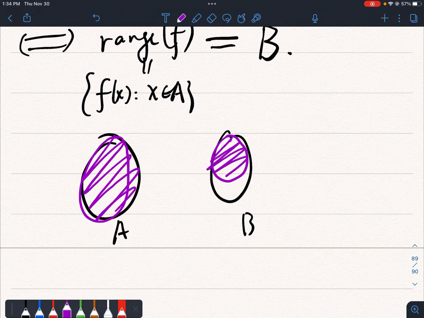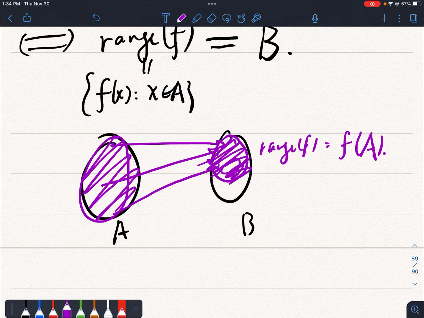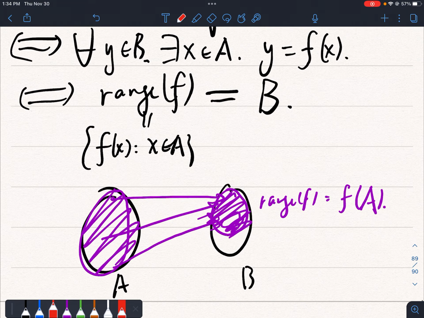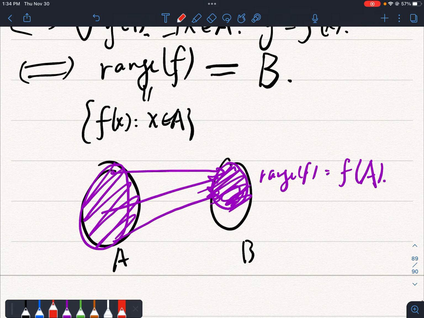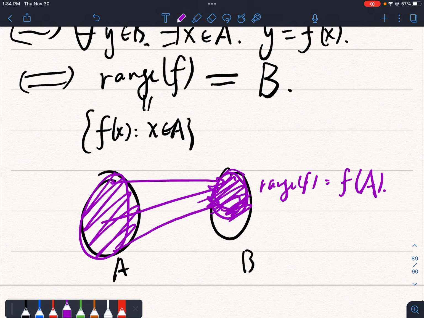In general, if we have sets A and B, then the entire A is mapped into a subset of B, right? This is called the range of f, and it's also denoted by f of A, like the image of A. Every point here is mapped to some point here.